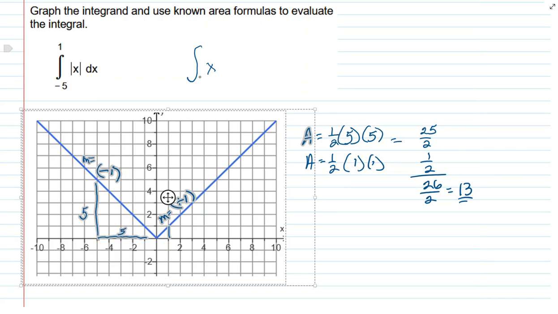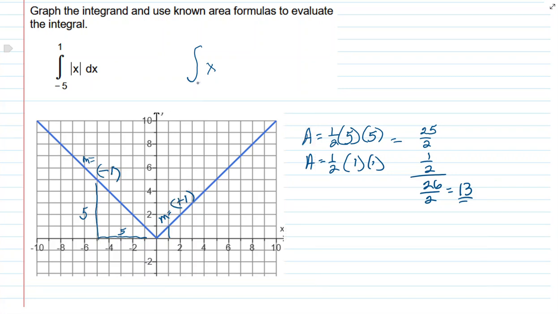If I did this part, I would have the integral from 0 to negative 5 of x dx plus the integral from 0 to 1. That should work, shouldn't it? So in this case, we're talking about x squared divided by 2 from 0 to negative 5.